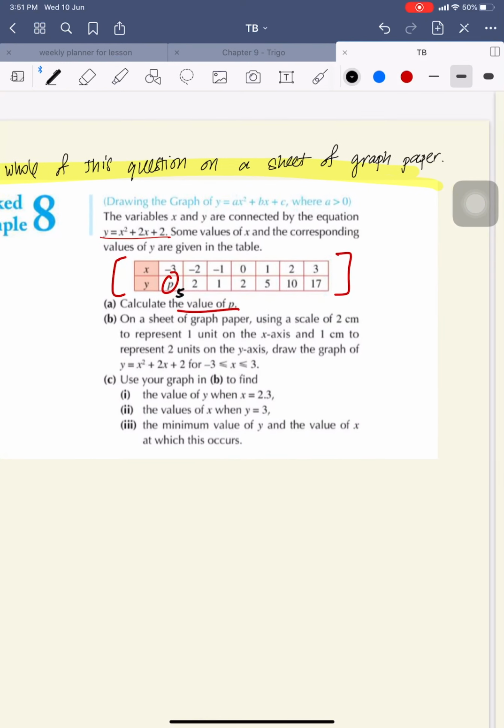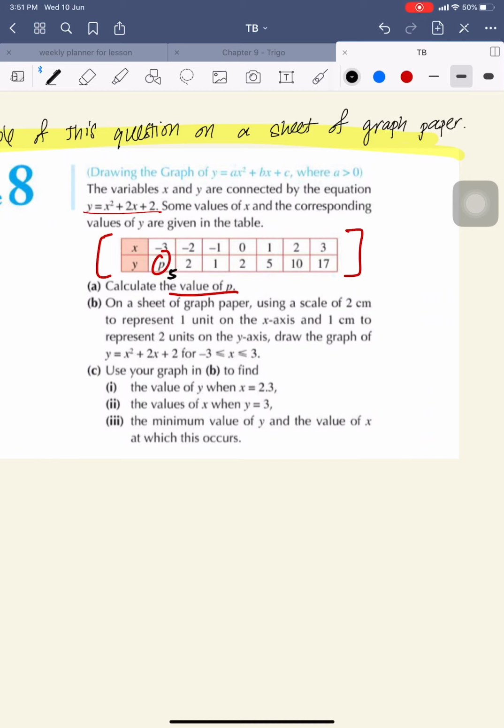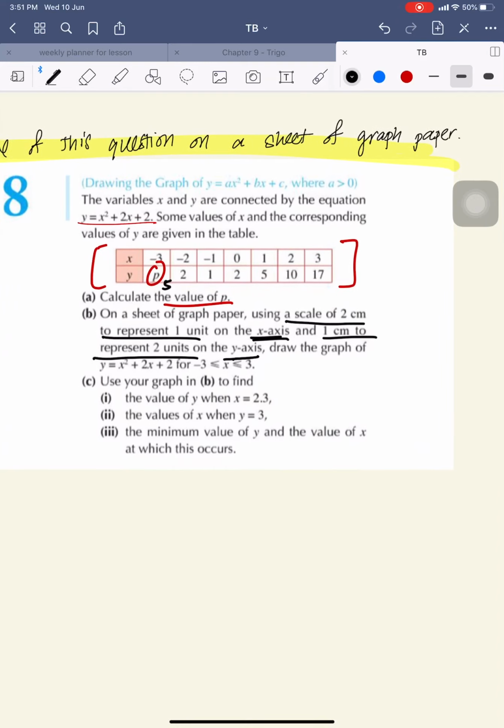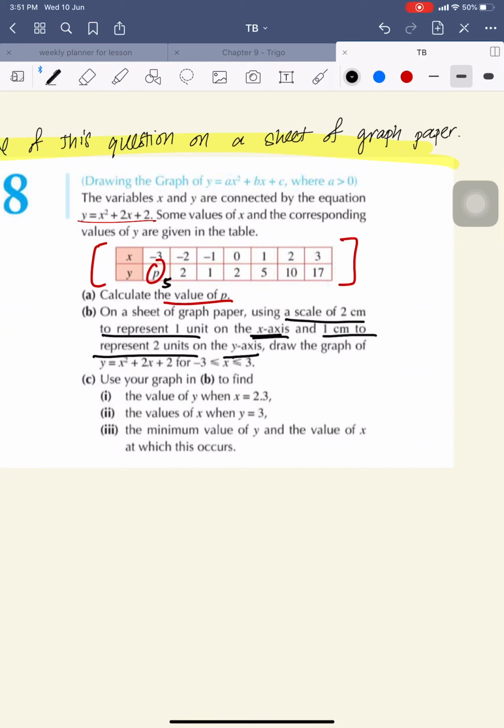Now, next, I will use my graph paper. A scale of 2 cm to represent 1 unit on the x-axis and another scale to represent the y-axis. Now, let's look at where to place your x and y-axis first. You notice your x values is from -3 to 3, right?